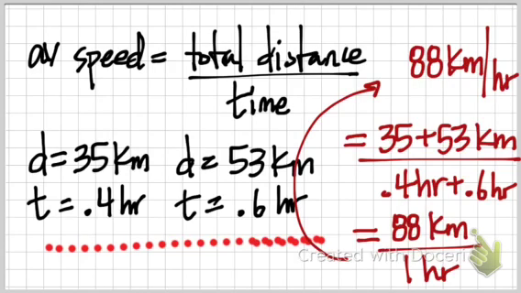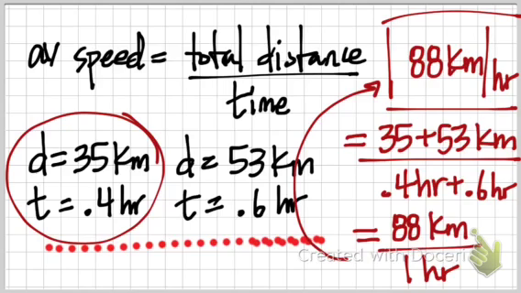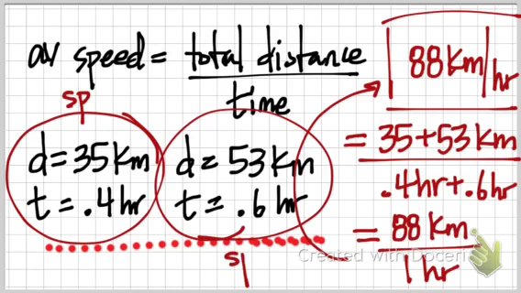Now, there is another way to do this. If you wanted to, you could go through and take this scenario and get a speed, and then the second scenario and get another speed, and then average the two together.